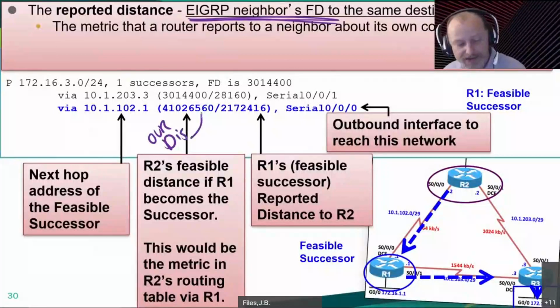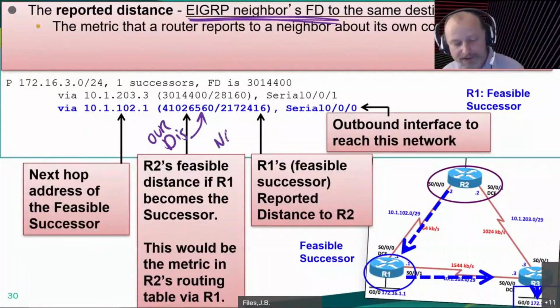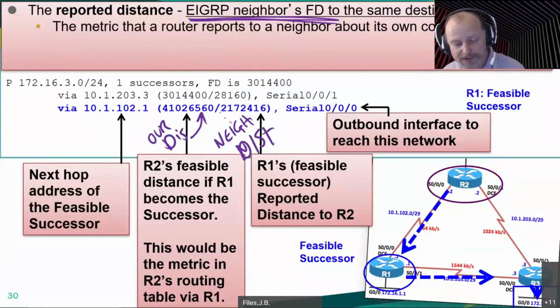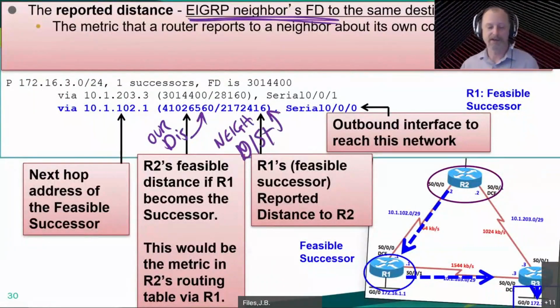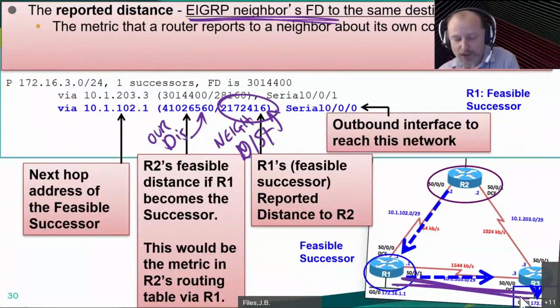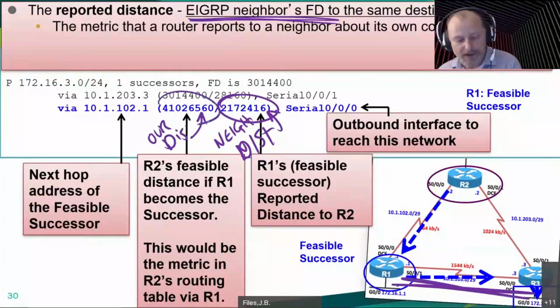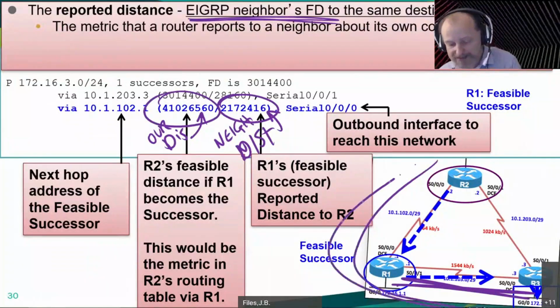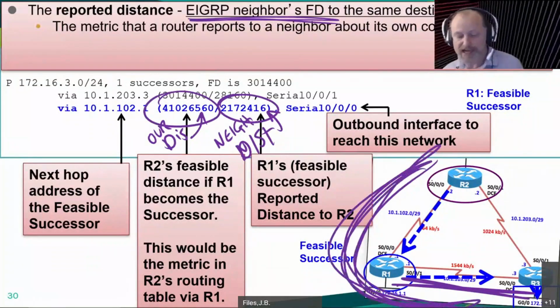Our distance, neighbor's distance. That's R1's distance. That is our distance if we were to use that path.